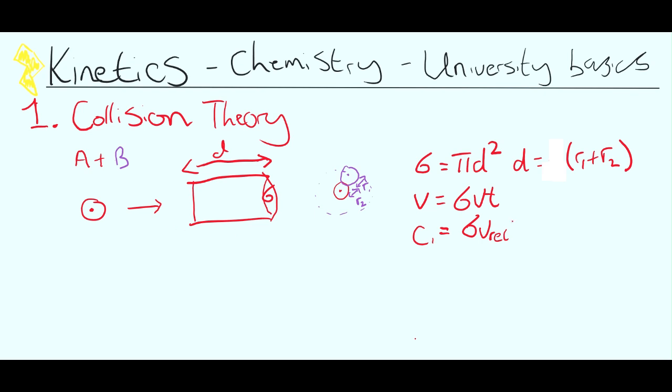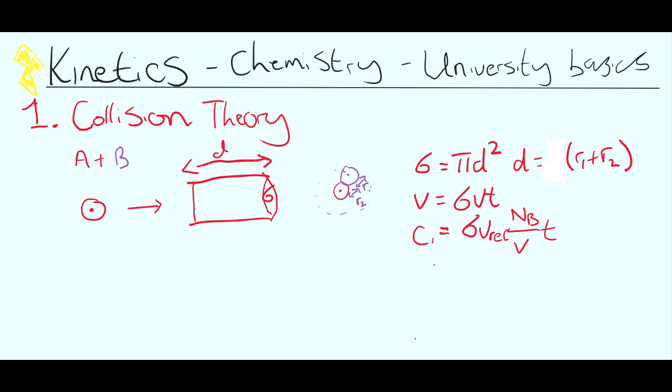However, at this time, we'll just take this as read. And what we times this by is nb over v and time. So what we've done here is we've taken our concentration of B atoms or molecules, and we've times it by our collision volume to get the number of collisions of A with B.